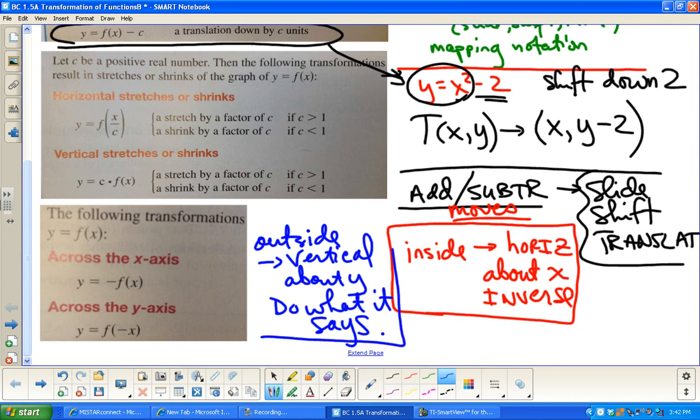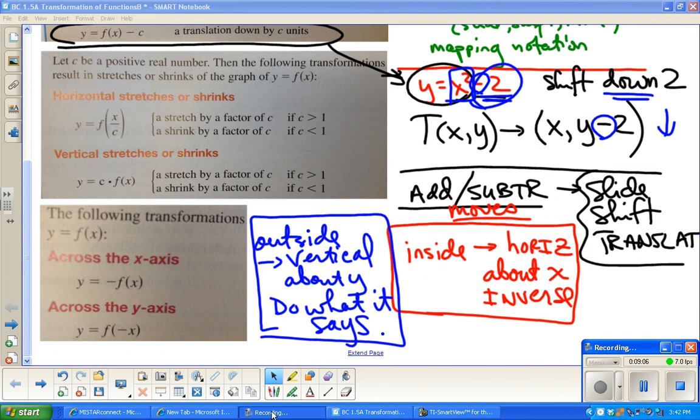This is a big deal. This is like the heart of everything. Okay? And just again, to tie it in, notice this was minus 2 on the outside of the squaring. Here's the x squared, but this minus 2 is on the outside. And we actually shifted vertically, and it said minus, so we went towards the minuses. We went down 2. Okay, keep that in mind.